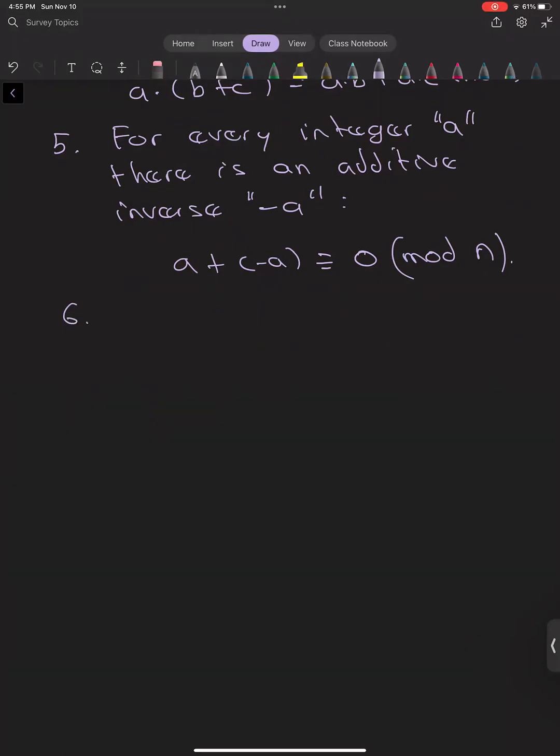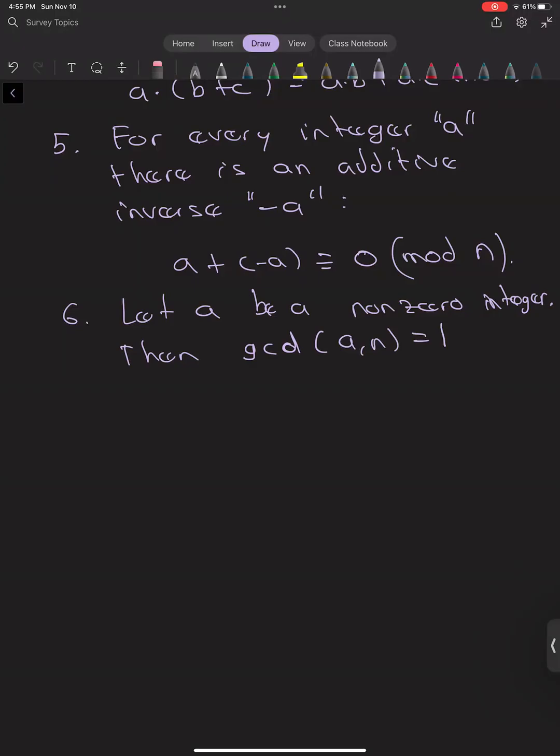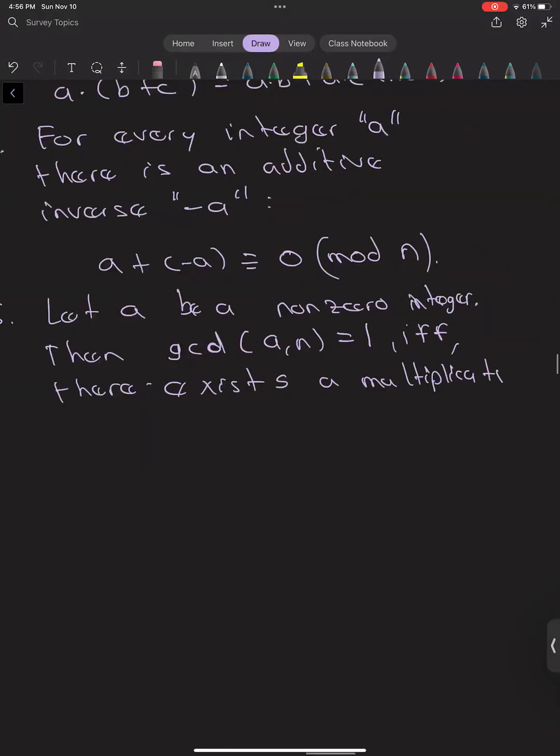And 6. So let a be a non-zero integer. Then the greatest common divisor between a and n equals 1 if and only if there exists a multiplicative inverse b for a mod n.